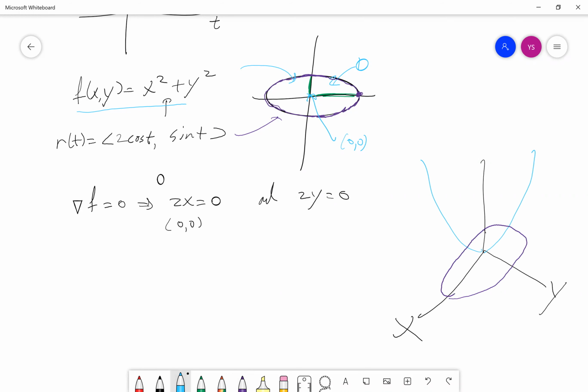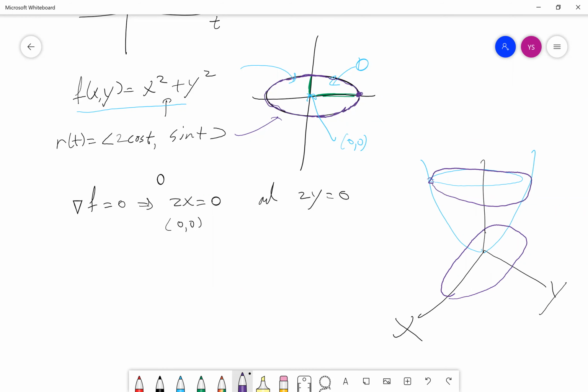The type of curve that it carves out now looks something like this. It kind of goes down and then comes back up, right?